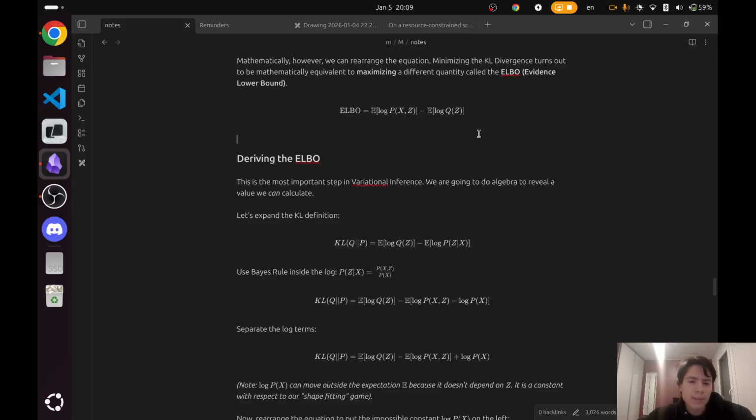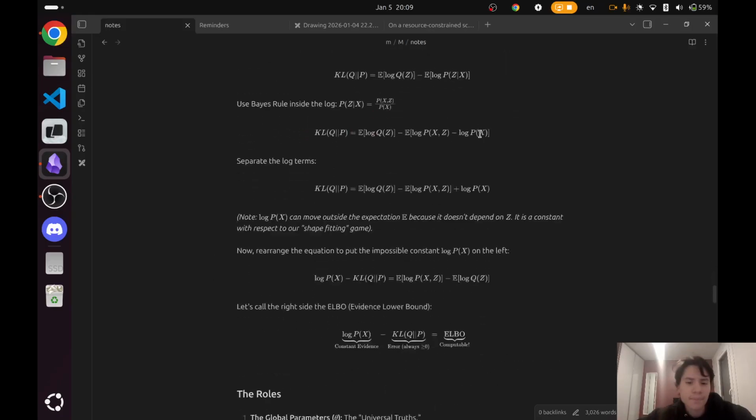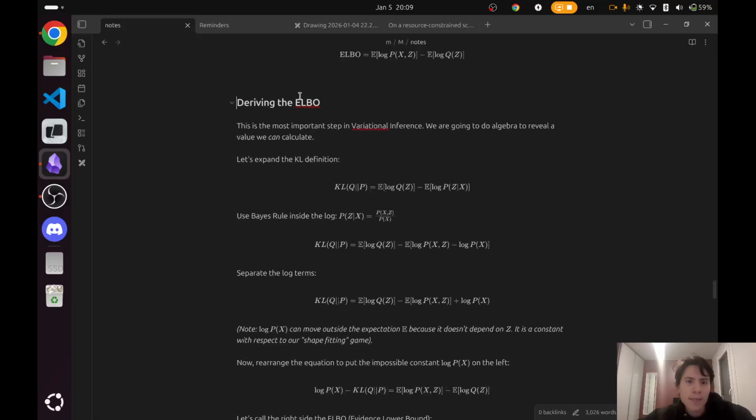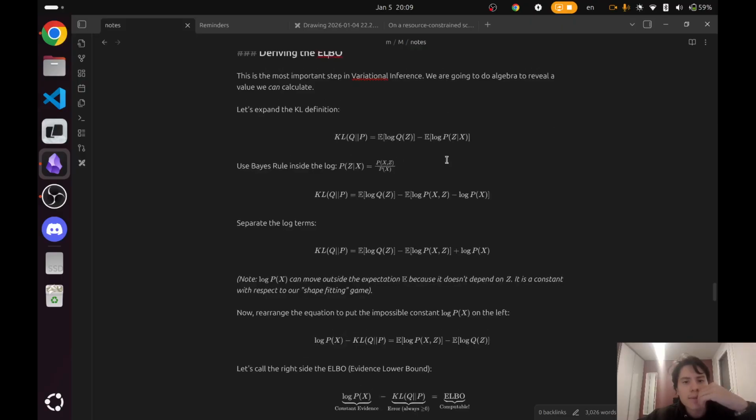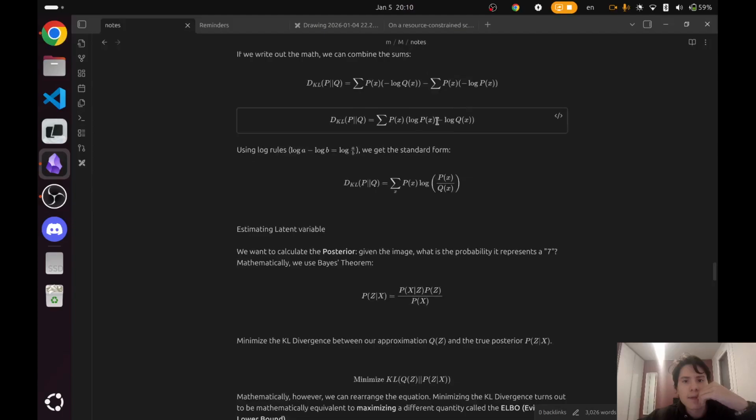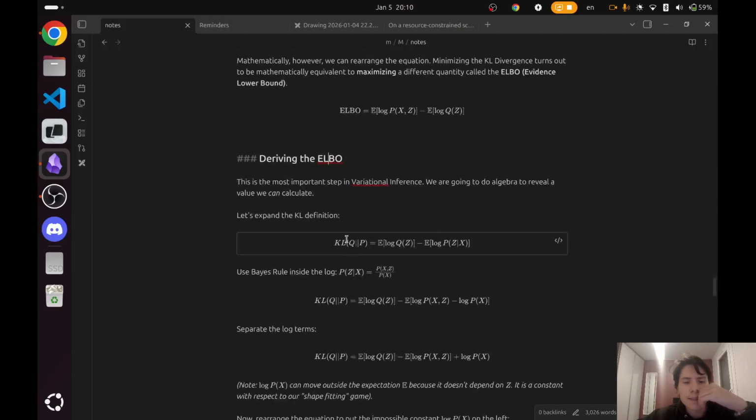I also put some notes on how we actually derive the ELBO, which is this. The right part of the KL is this, and we can express the right part as this. I mean, this is just substituting in the formula. Then if we use Bayes' rule inside the log, we can get this.